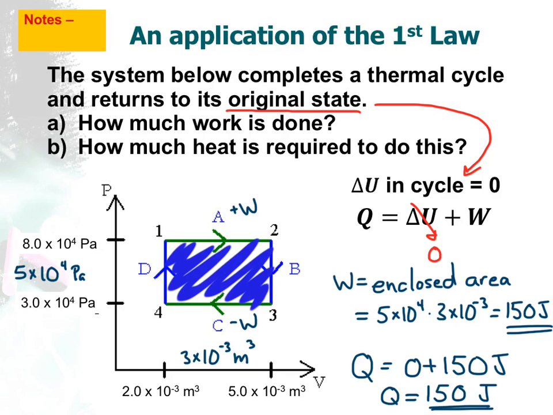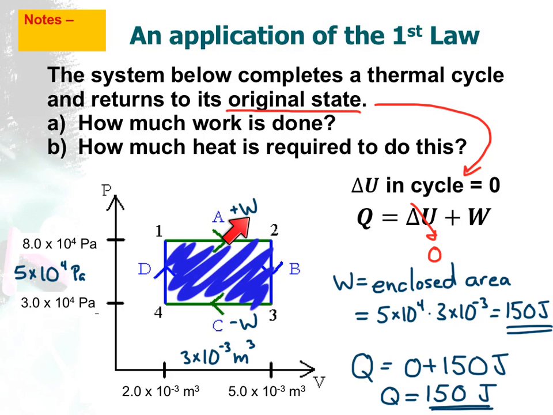One other thing I noticed popped up on my slides that I need to talk to you about. When I calculated this amount of work by using this enclosed area, how did I know that this work was positive and not negative? Well, here's what you have to do. Remember that when volume increases, work is positive. When volume increases, the system is doing work to its environment, so that work is positive.